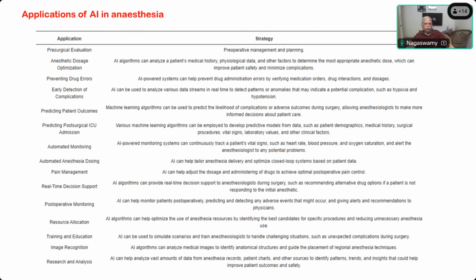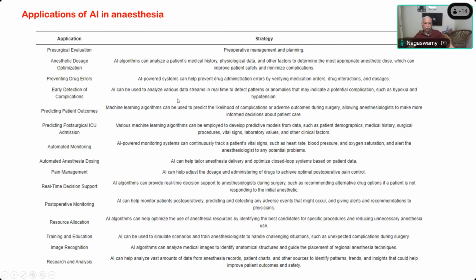Like that, every parameter can be fed into the machine, and that will make the pre-surgical evaluation. Then anesthetic dosage optimization. Algorithms can be set for that. And preventing drug errors. This is a very important and very useful AI-induced facility. Then early detection of complications. The machine will always be alert, and it will sometimes give false alarms also, but it doesn't matter as long as you are able to detect all the faults that are happening.